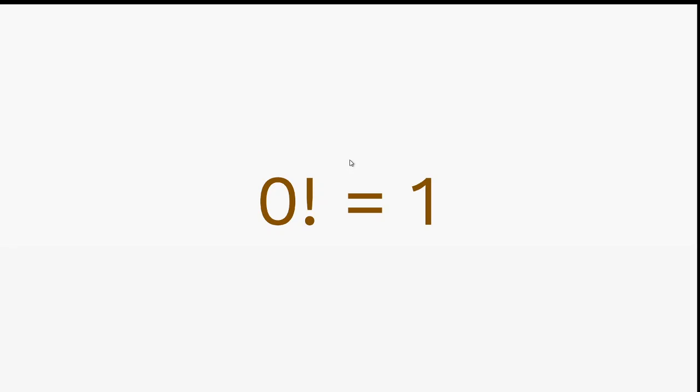No, there's a reason why 0 factorial is equal to 1. According to the definition, we cannot say 0 factorial is equal to 0 into anything, because factorial is basically for natural numbers and 0 is not a natural number. But we can understand what it is by just following this pattern. I hope you are able to understand.